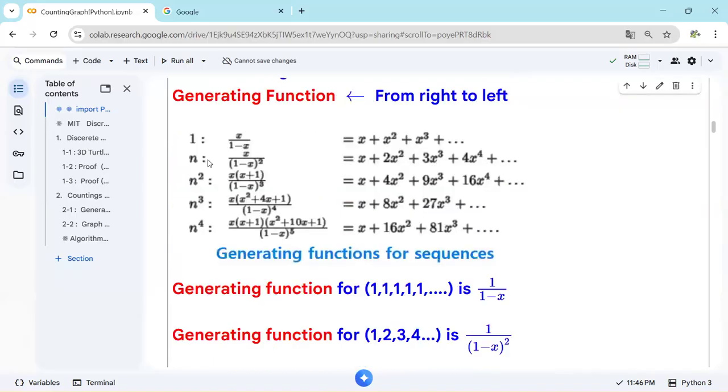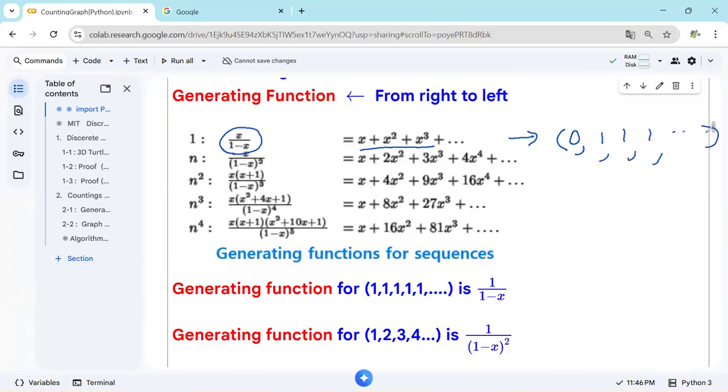So anyway, from this binomial theorem, we can generate this kind of series, and from this series we can have the coefficient of zero, and this is one, one, one.